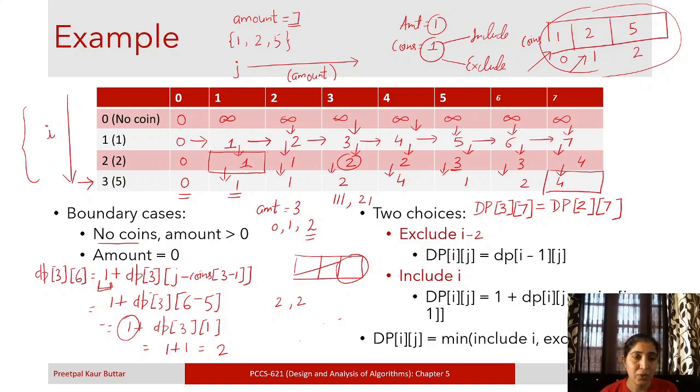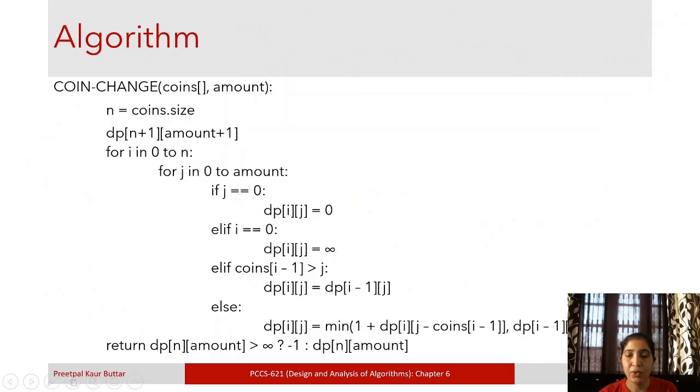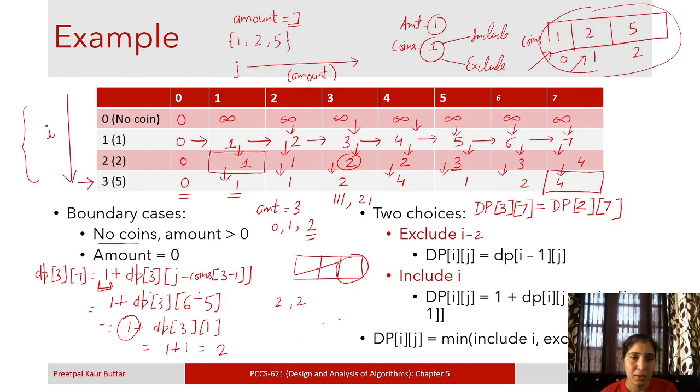And when you include this 5 rupee coin, then after including, you will be left with an amount equal to 2. And for making an amount equal to 2, you will need a 1 coin. That will be a 2 rupee coin. So the total number of coins you need are 2. So 4 comma 2, and out of 4 and 2, 2 is minimum.